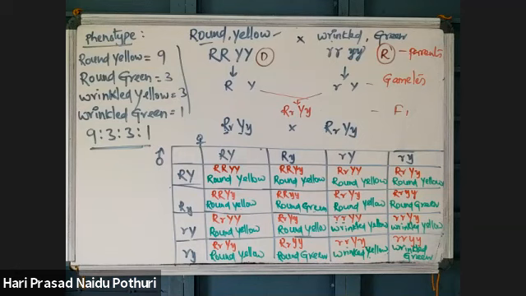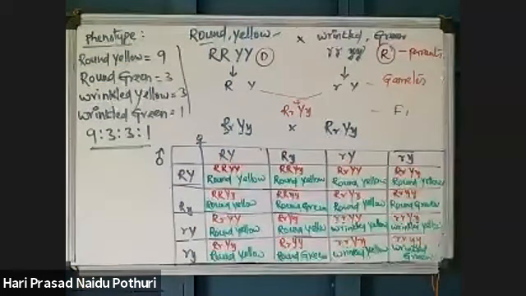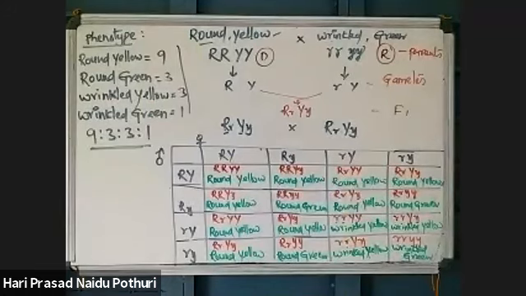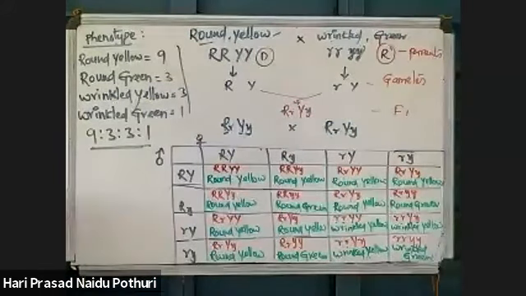If the gene is expressed, then its character is the dominant allele. If the gene is not expressed, then it is a recessive allele. Mendel found two alleles based on the expression of the gene. Dominant allele expresses, recessive allele does not express.